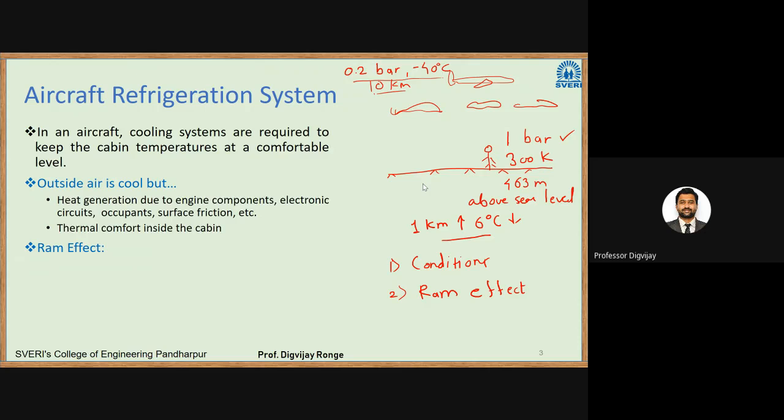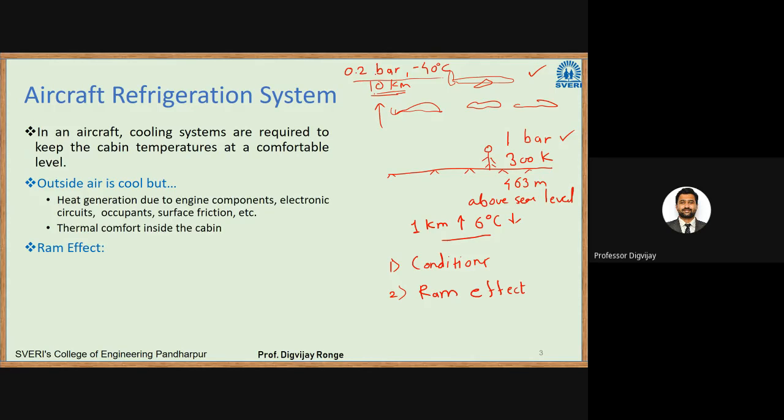So RAM effect, like I told you, I will tell you again what a RAM effect is. When you are flying at high altitudes, the conditions outside are 0.2 bar and minus 40 degrees Celsius. This is a rough value, approximately at 10 kilometers above the ground.